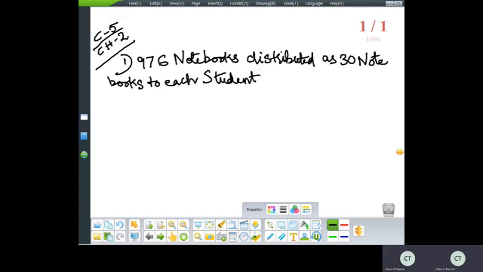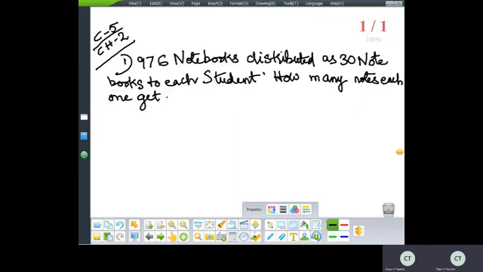So what is the next thing you have to find out? How many notebooks does each one get? How many notes does each one get?